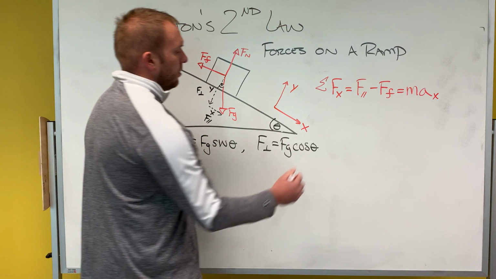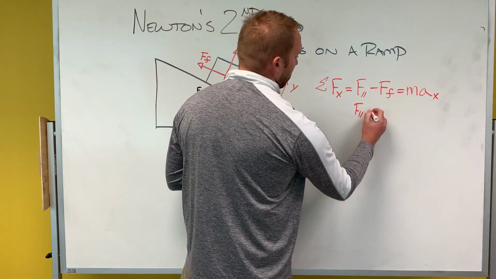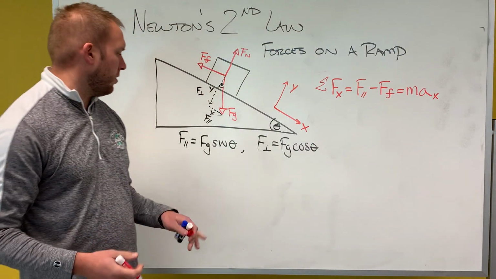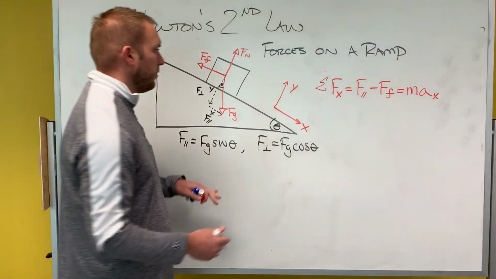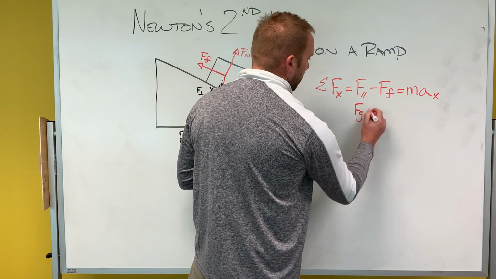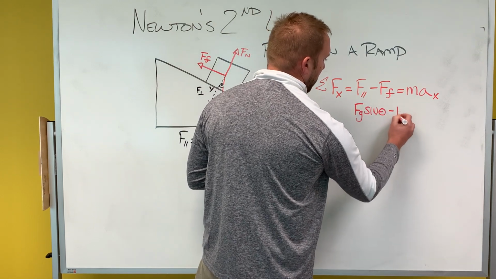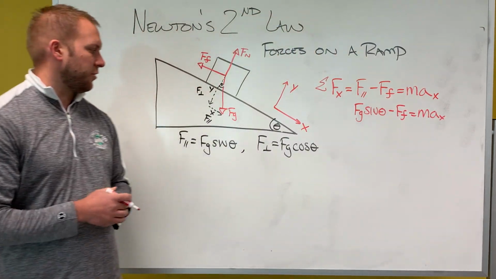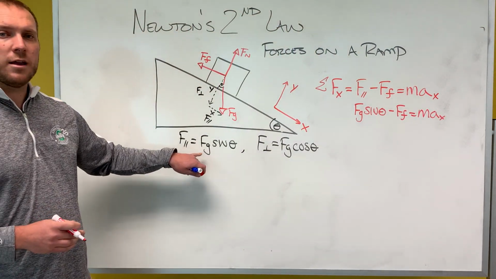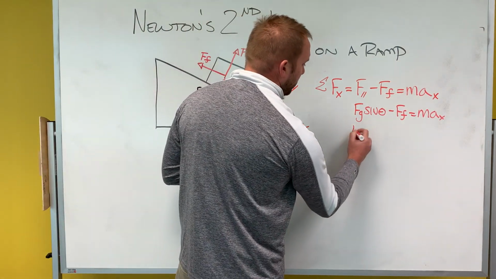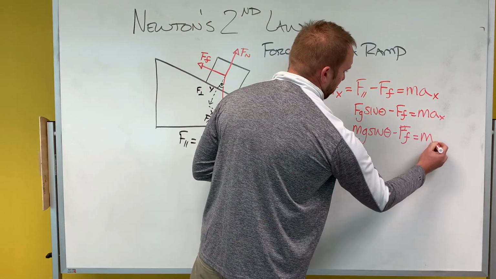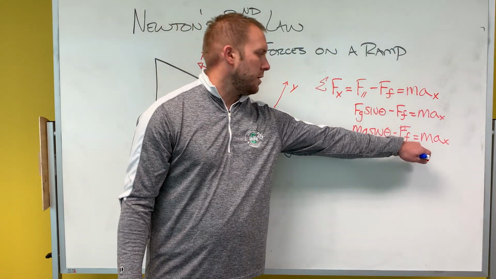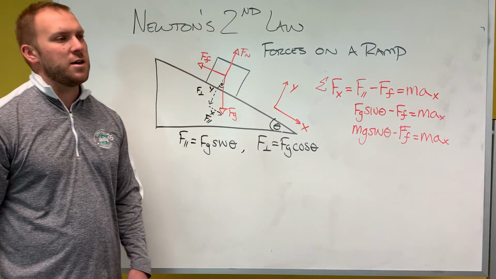If I wanted to write that out a little bit more, I could plug in for my parallel force, which is force of gravity times the sine of theta, minus my frictional force equals mass times acceleration in the x direction. And I can now plug in mg, because force of gravity is mg.